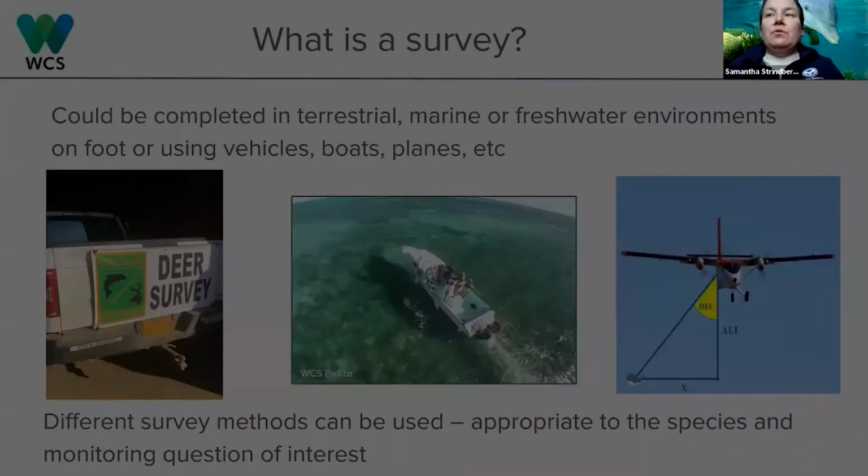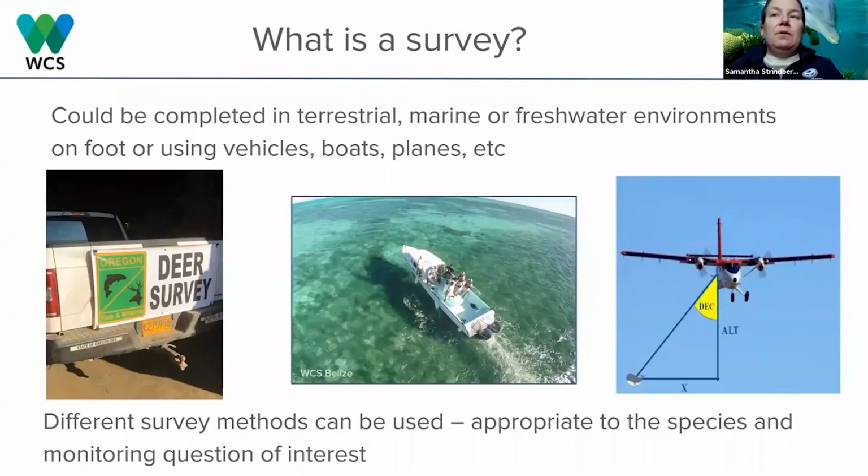And the surveys themselves could be completed in a variety of habitats, either on foot or using various modes of transport. And the survey method you use will depend on your target species and your particular monitoring question, of course.